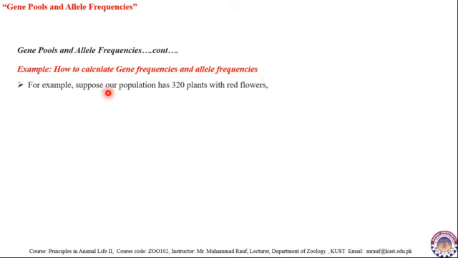Suppose our population has 320 plants with red flowers, 160 plants with pink flowers, and 20 plants with white flowers. Remember, these are the number of plants, not the number of alleles.